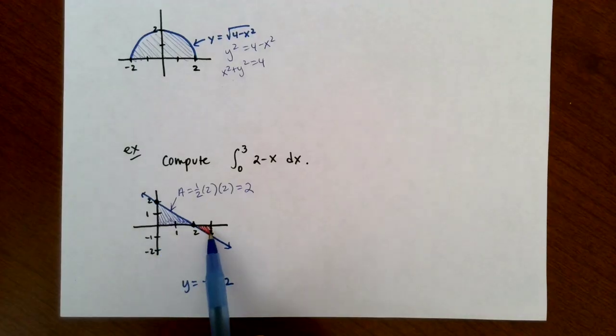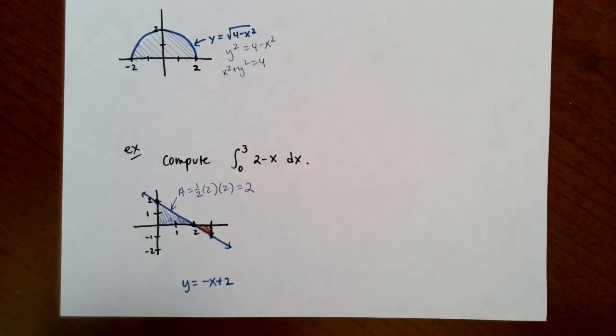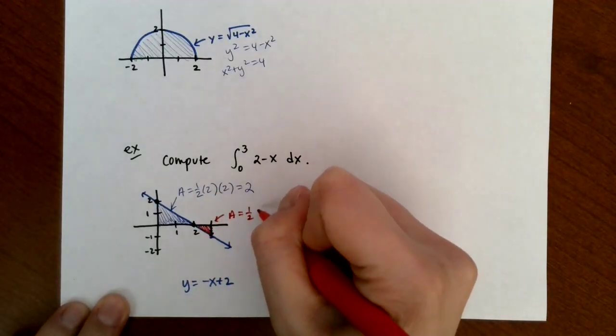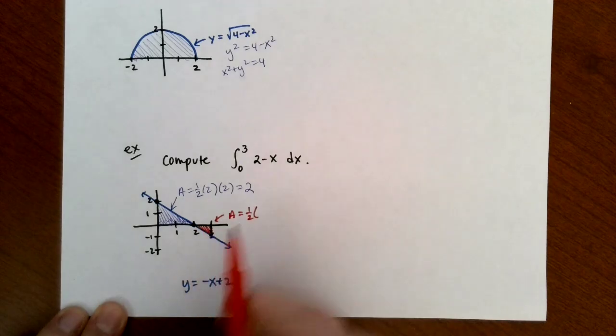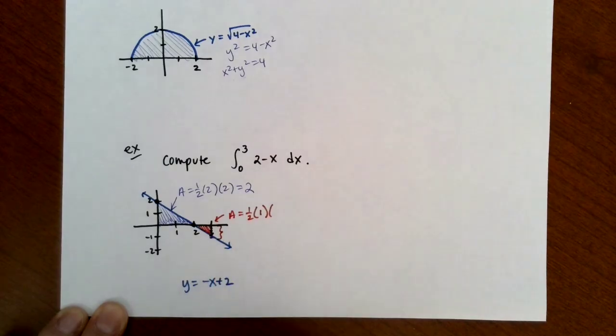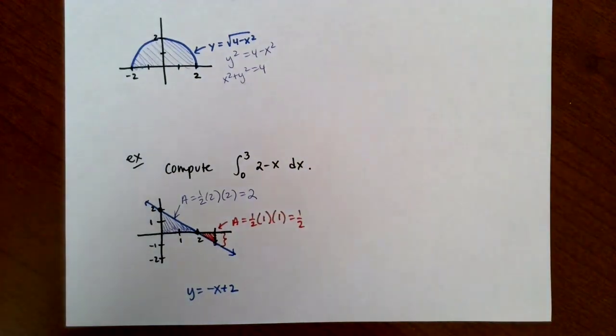It looks like it's at y equals -1. We'll double check. -3 plus 2 really would be -1. So this little triangle, we have 1/2. The base is 2 to 3, so that's 1. And then the height is here to here, which I double checked really is exactly 1. So this comes out to 1/2.